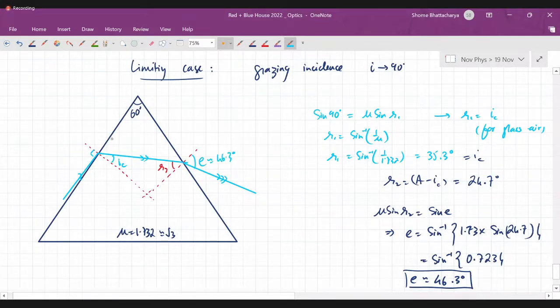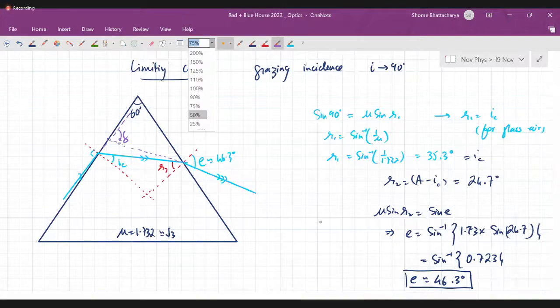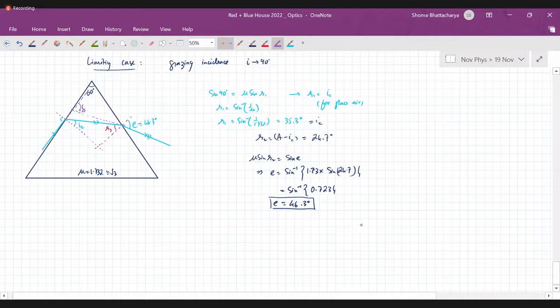So now let's see what deviation that is giving us. To understand the deviation, I have to basically just produce this all the way back here. So this deviation that I'm getting now will be 90 plus 46.3 minus 60 degrees. Okay. So that will be about 76.3 degrees.